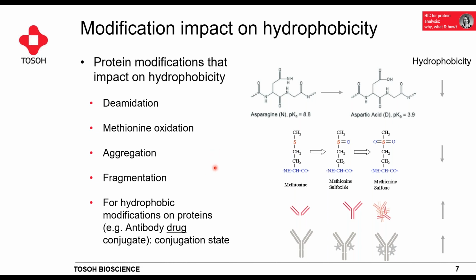For instance, fragments or smaller molecules are less hydrophobic than larger molecules. This is something we find, for instance, for fragments of antibodies or dimers of antibodies, but you can also see it generally if you work with very small proteins or even peptides. These are very low in hydrophobicity, whereas large molecules are more hydrophobic.